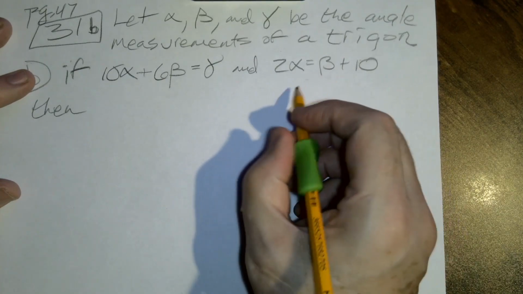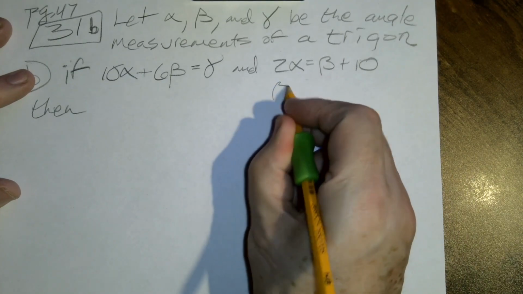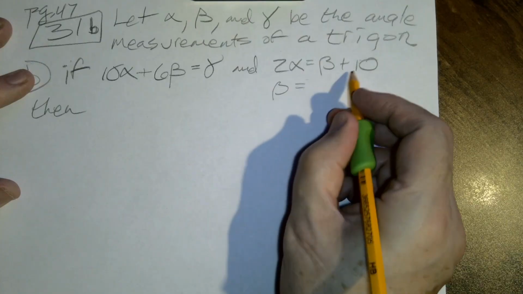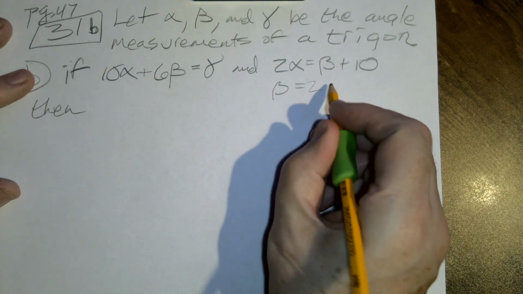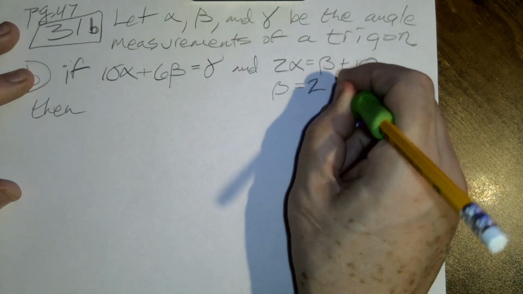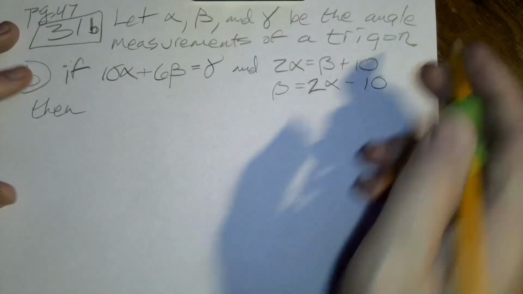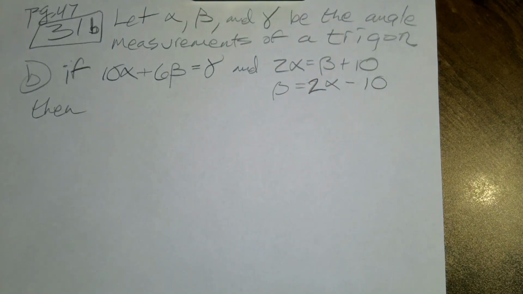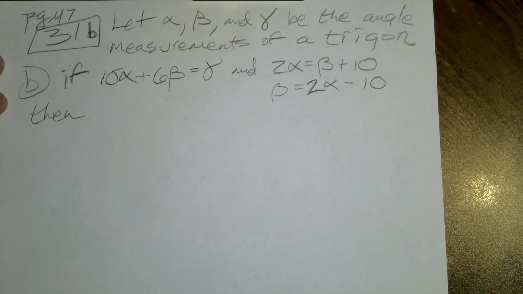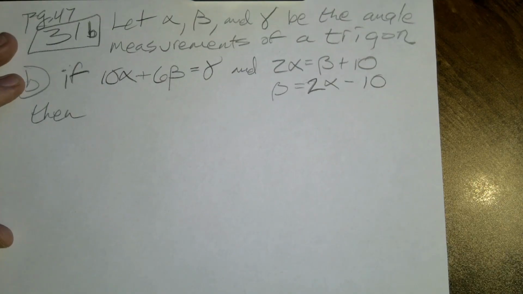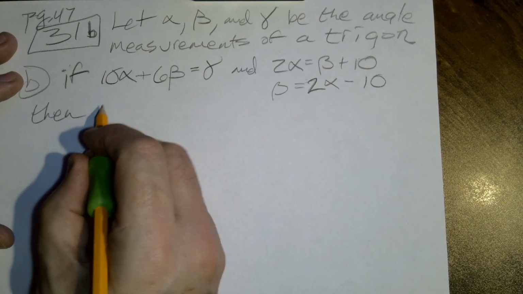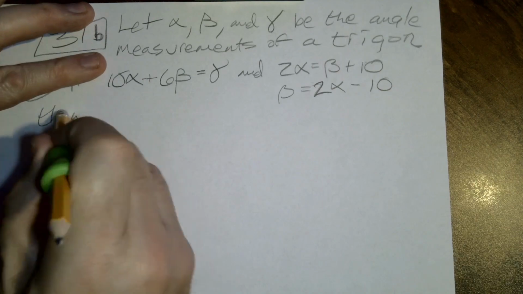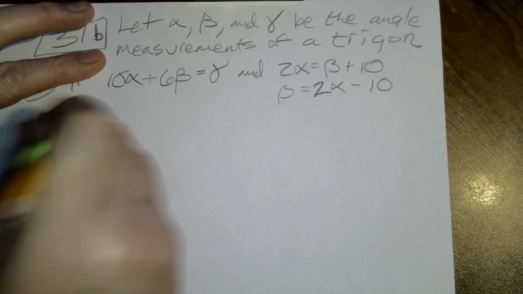We could solve for beta straight away. Beta equals 2 alpha minus 10. Save this conclusion for later.